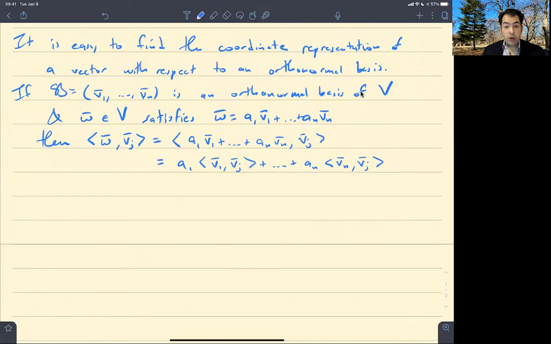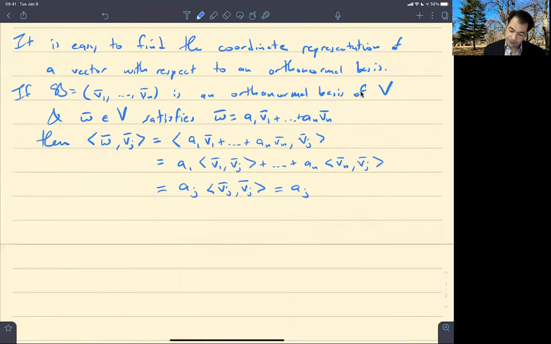But because we're working with an orthonormal basis, each of these inner products is either 0 or 1. All of them are 0 except for the inner product of vj with vj, which is equal to 1. So the only term that survives is the one where I'm taking the inner product of vj with vj, and I end up getting just aj. Wonderful. We wanted to find the coefficients of this linear combination, and by taking this inner product, we have found the jth one.